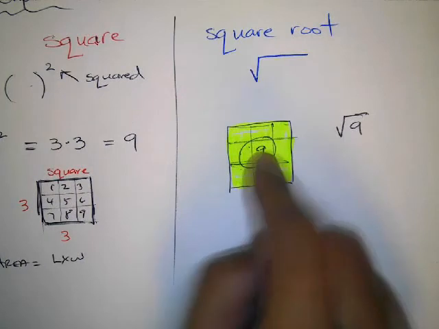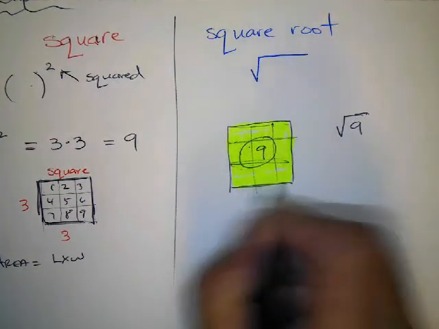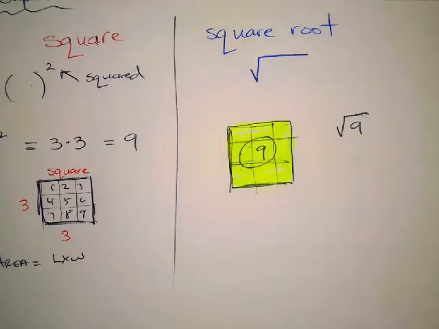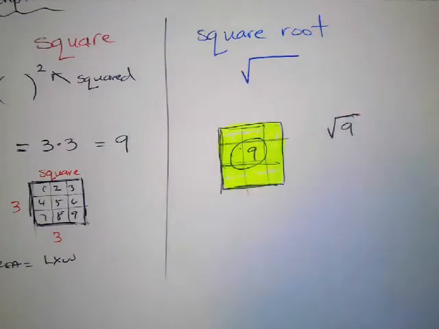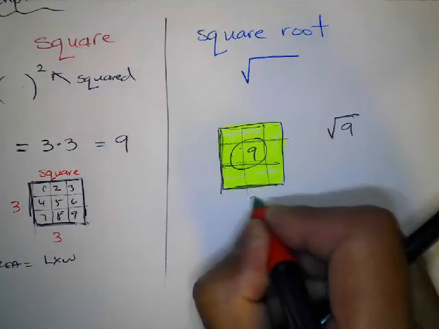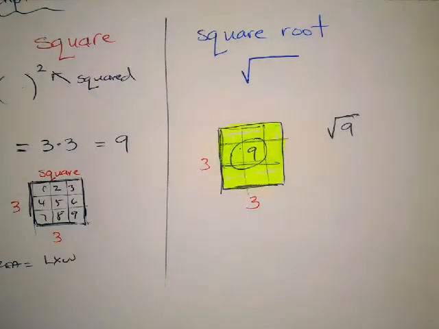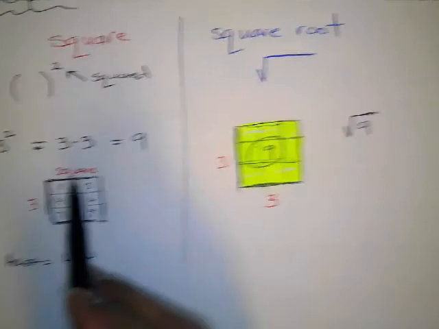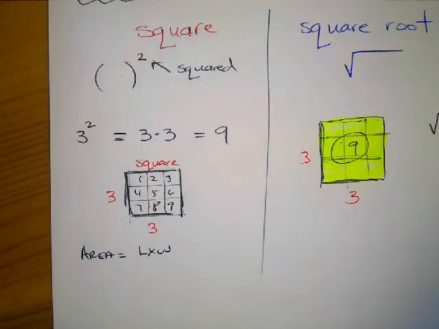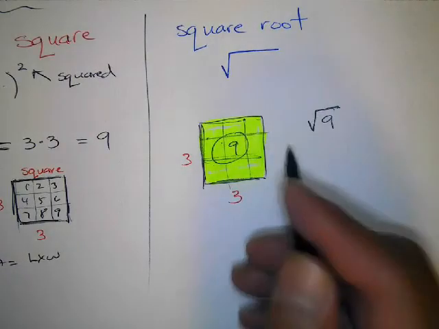Then it's asking, okay, now if I know the area, how much is each side of this perfect square? Well, see, that's why the answer is going to be 3, for the same reason over here. 3 times 3 is 9.